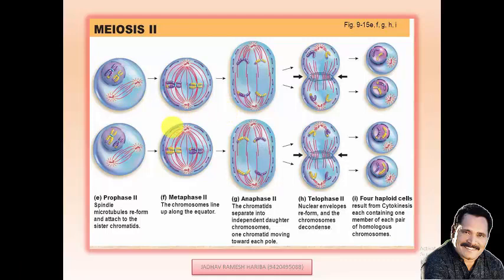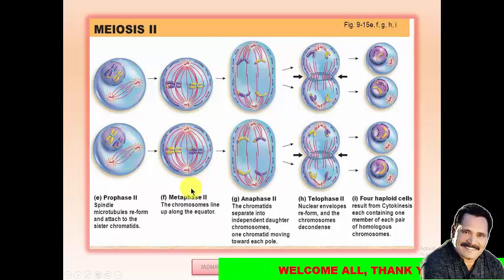In meiosis second, first is prophase second. Here the microtubules reform and attach to the sister chromatids. There is a separation or division of the centriole, and the centrioles move towards the opposite poles. Then in metaphase, the chromosomes come parallel to the equatorial plane or central plane.